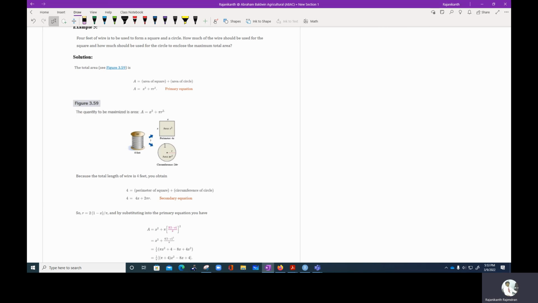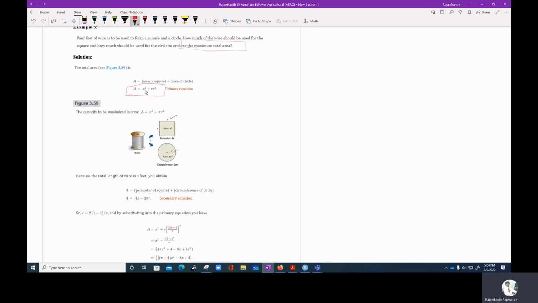You need to find out how much length you need for each object. So you could keep x as the side length of the square and r as the radius of the circle you are going to make. The given condition is that you should have maximum total area. So this is the formula you have for the total area, right? The area of the square is x squared and the area of the circle is pi r squared.